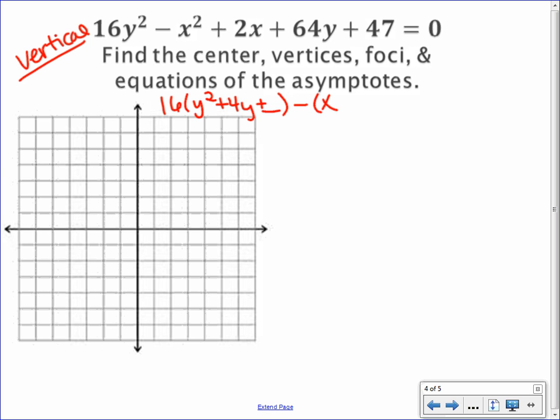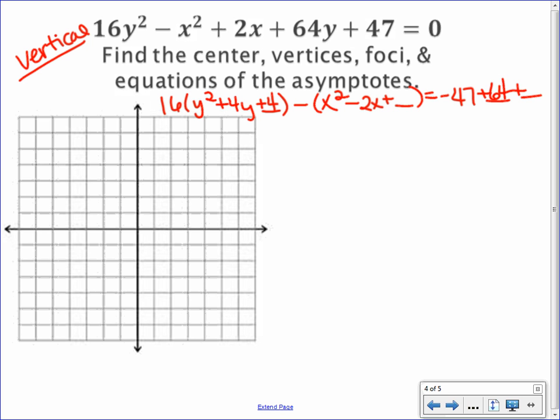So x squared minus 2x plus a mystery number, and we'll move -47 over. Now be careful, because some of you were not careful on your quiz yesterday. What completes the square here? 4. But we're really adding 64.